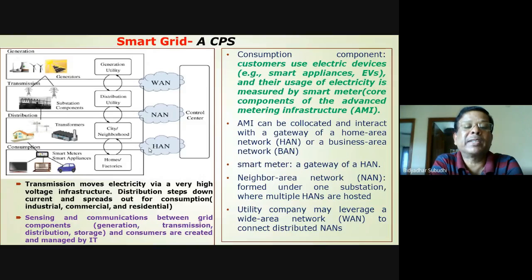Therefore, sensing and communication between the grid components, for example generation, transmission, distribution, storage, and consumers, can now be accomplished in a smart grid by employing communication and control, that is, it can be managed by IT, the information technology.